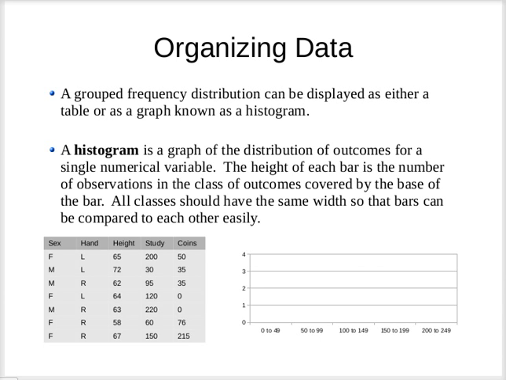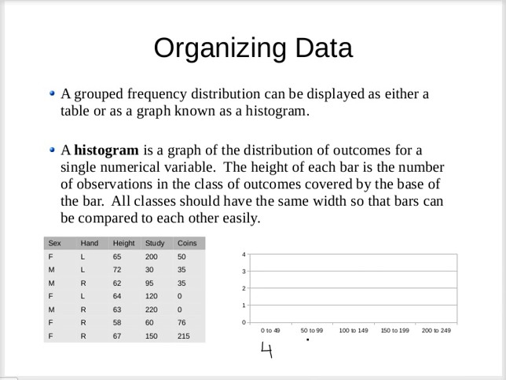So I'm going back to my example of the data from the student questionnaire, and I'm still looking at the variable coins. As a reminder, in my grouped frequency distribution, I divided up into 50-cent intervals. My first interval was 0 to 49, and I had 4 individuals with values in that range.